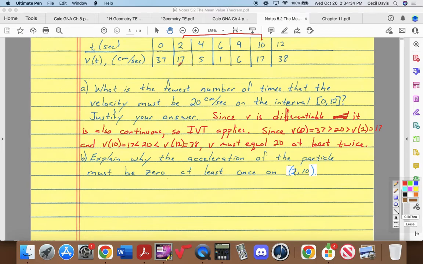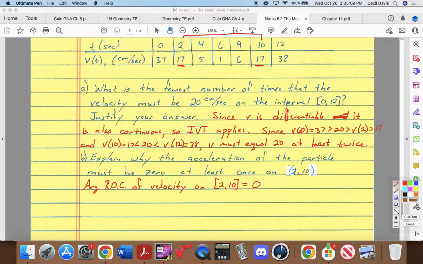Notice, both of these are 17, right? What is the average rate of change of the velocity on the closed interval from 2 to 10? Exactly right. The average rate of change is 0.